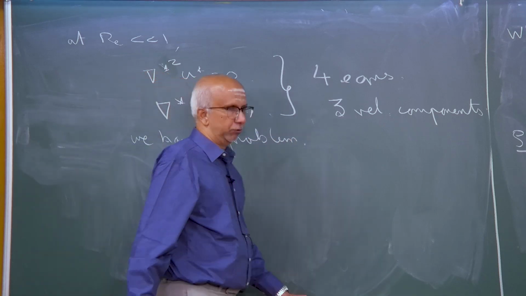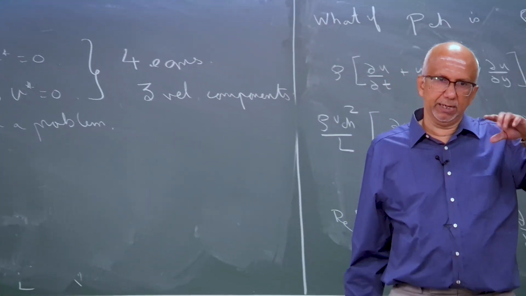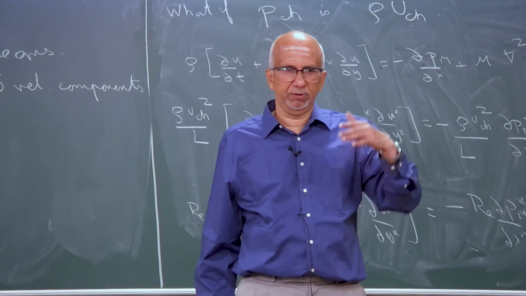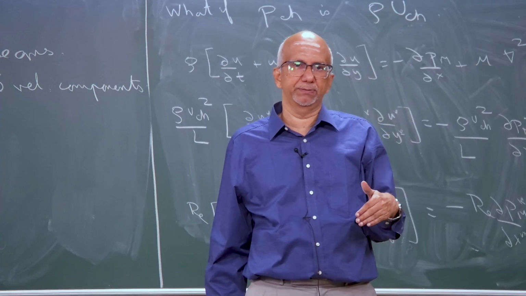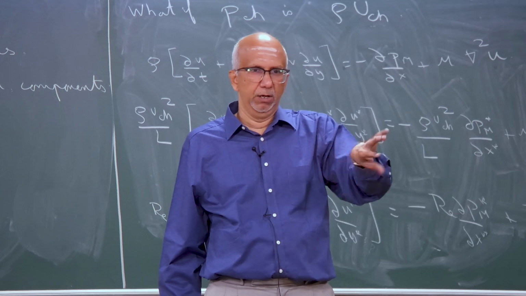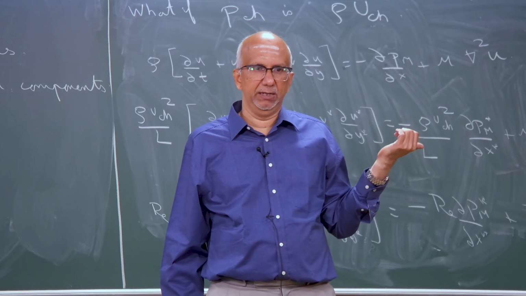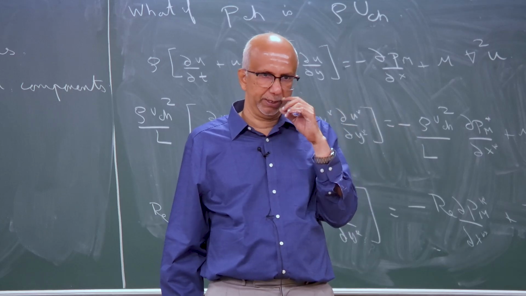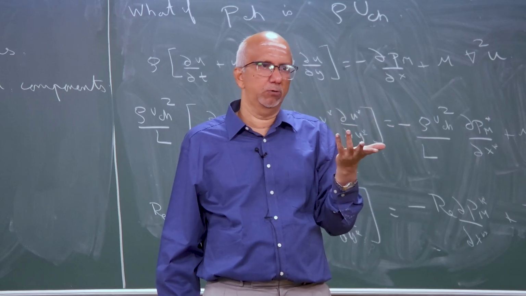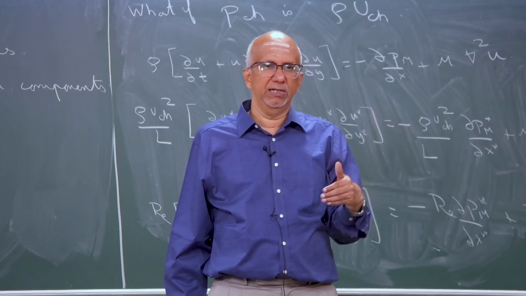Basically what this means is, in the earlier scaling I had 4 equations, 4 variables after making the creeping flow approximation: pressure and the 3 velocity components. But here, by this new scaling that I have done, something is wrong with the scaling, I can't use it. This is how you have to think about choosing the scales when you are analyzing a problem.